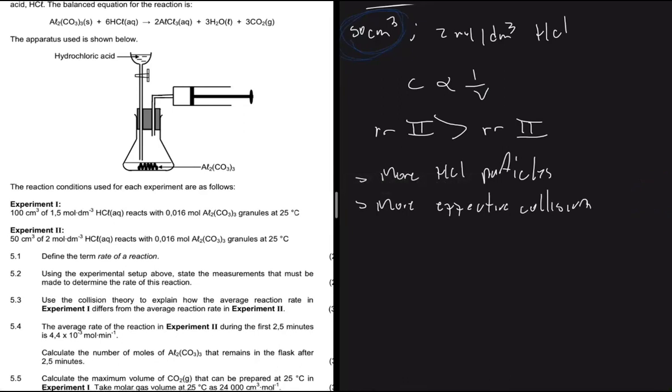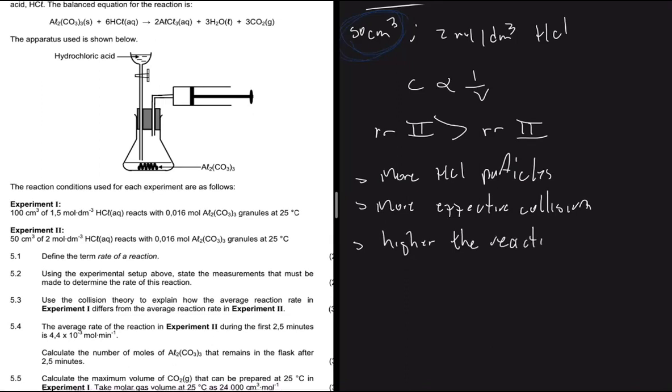And then what will more effective collisions give us? Effective collisions are a prerequisite of a reaction. So the more the effective collisions, the higher the reaction rate. So the reaction will take less time.